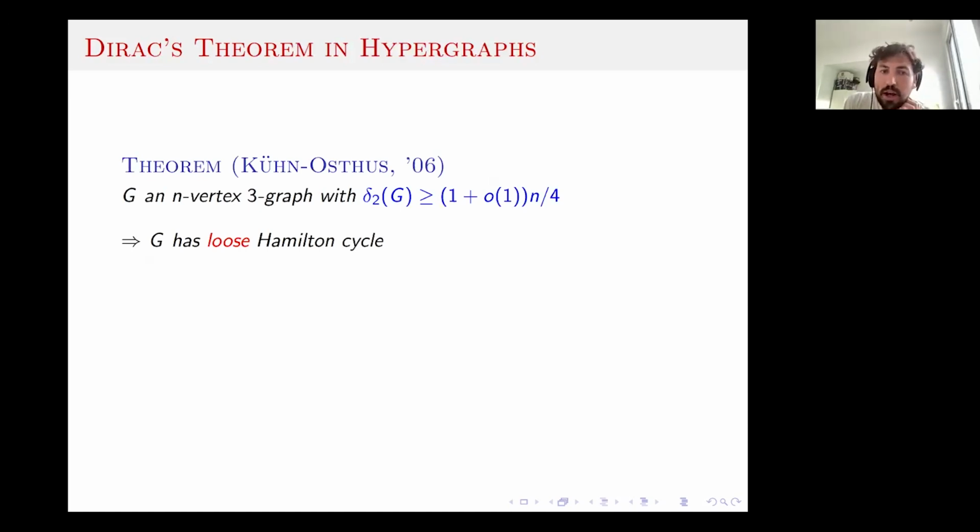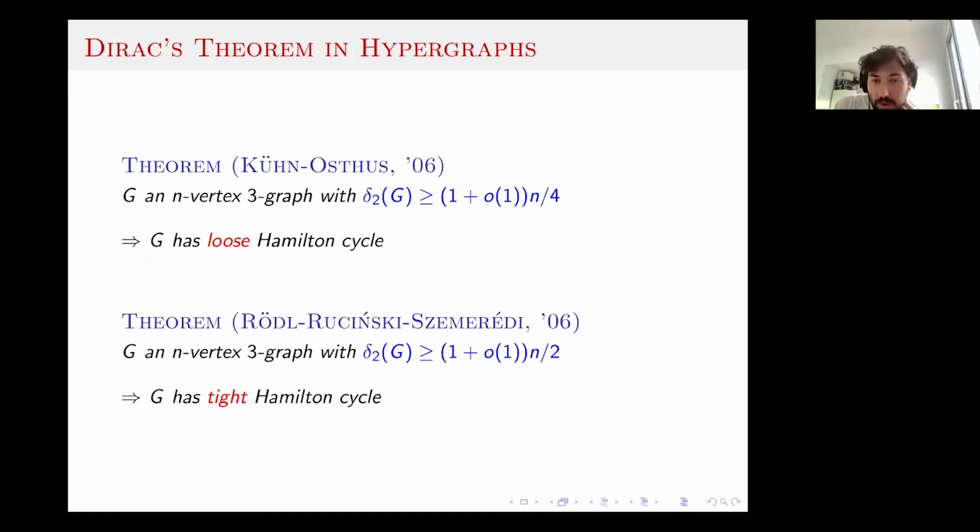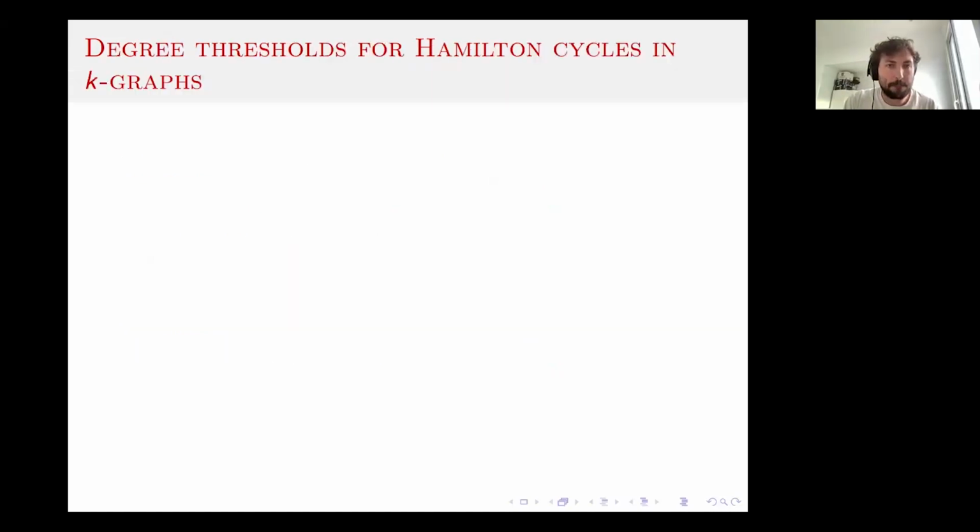Coulson showed loose Hamilton cycles, so they got this degree bound, and Rödl, Ruciński and Szemerédi did tight Hamilton cycles in the 3-uniform case. Both of these results are tight, the best possible up to the little o(1) in the degree bounds.